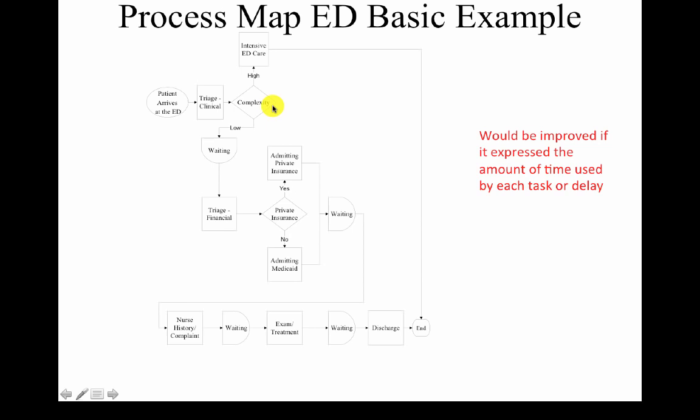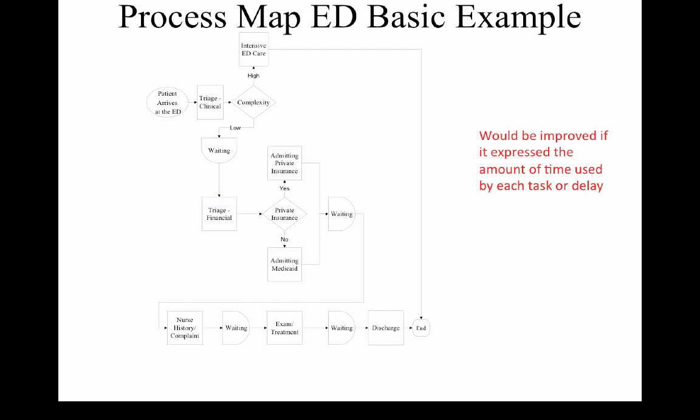So this is a decision point. Is the complexity high or is it low? If it's high, then they'll go up to the intensive ED care. And if it's low complexity, then they'll have to wait. Again, we talked about this being the shape of waiting, a half oval, and then they get triage for financial reasons.